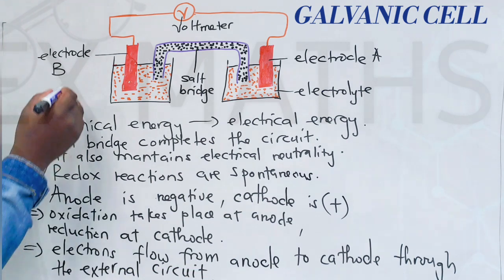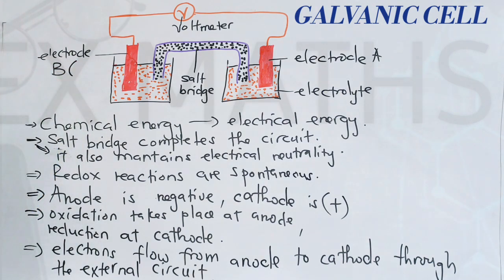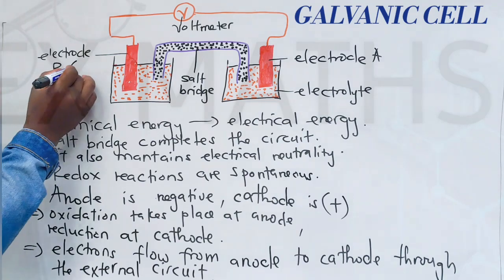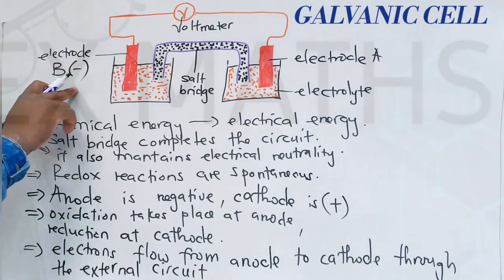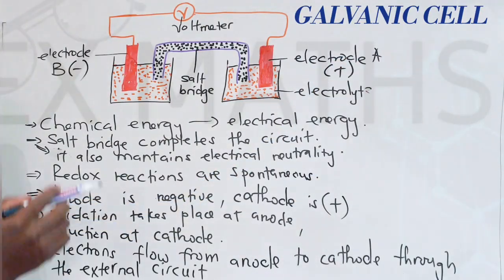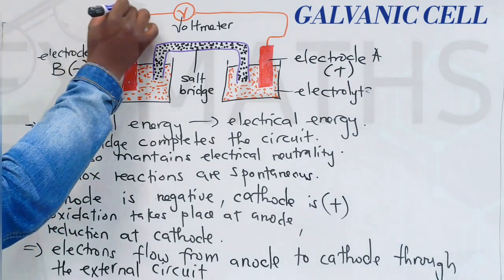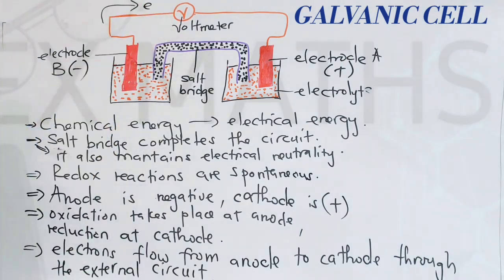Okay, let's have an example. Let's say this is our anode. We say the anode is negative. Let's say electrode B is the negative and electrode A is positive. So the flow of electrons will be from anode to cathode, meaning from negative to positive. So the flow of electrons is like this, it takes that direction.